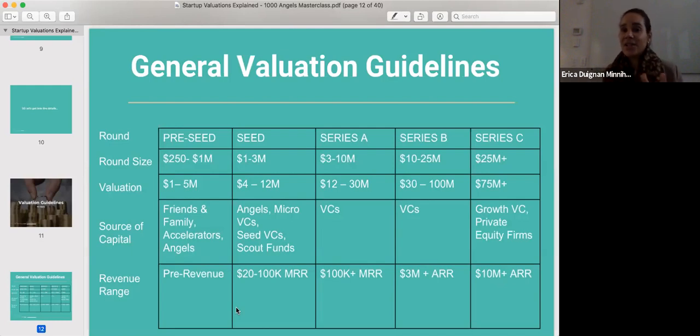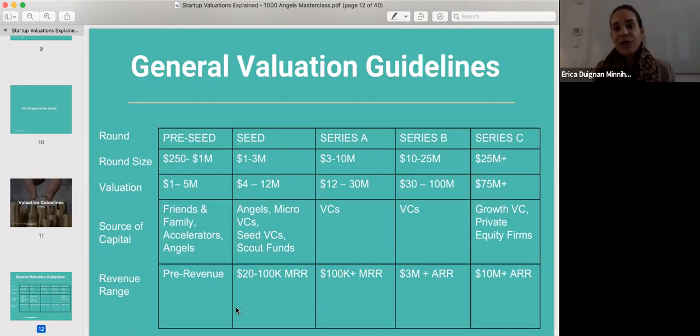But a key thing to look at as we're looking at the round size versus valuation as we go down the line is that usually in any particular round, the valuation is very much a function of both the traction of the business as well as the round size, right? So you are typically only able to raise a certain amount of capital based on the amount of traction or revenue that your business actually has.